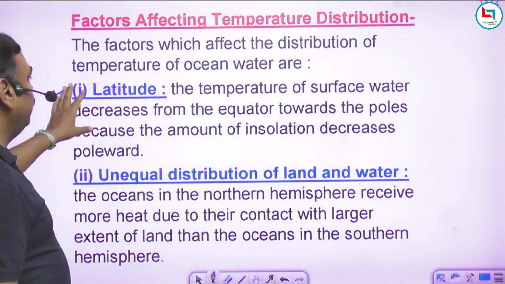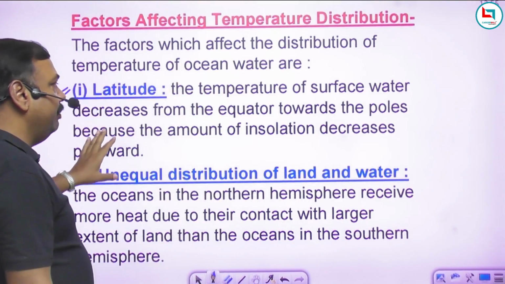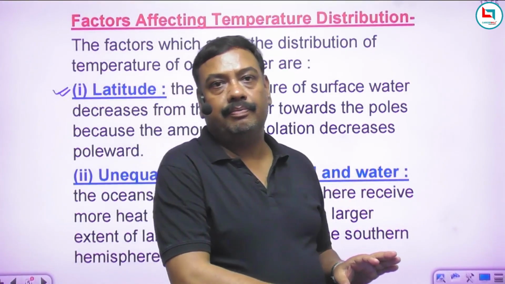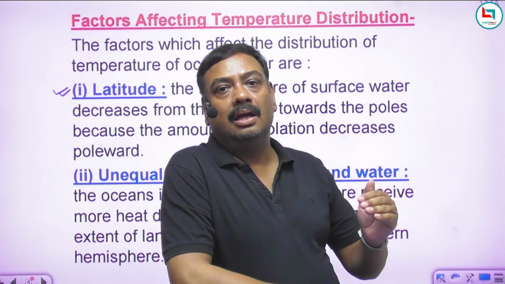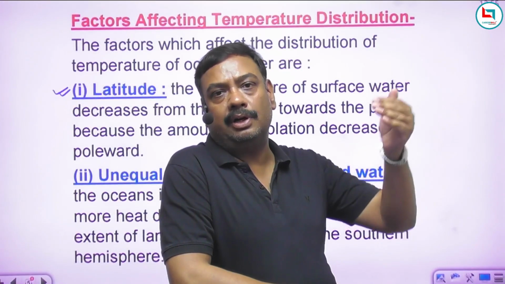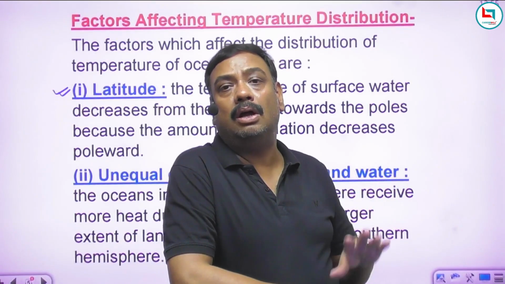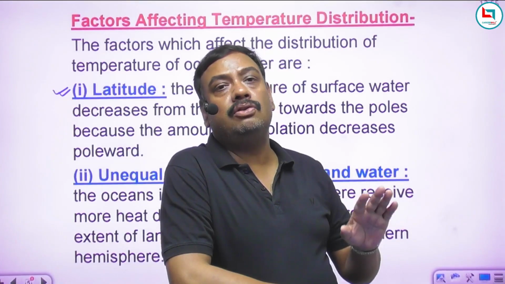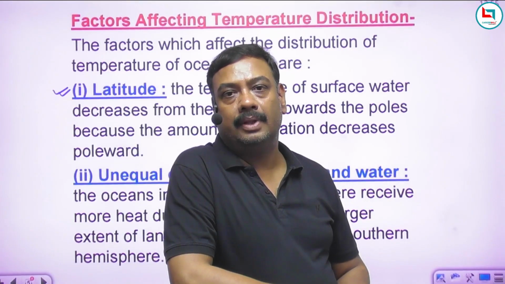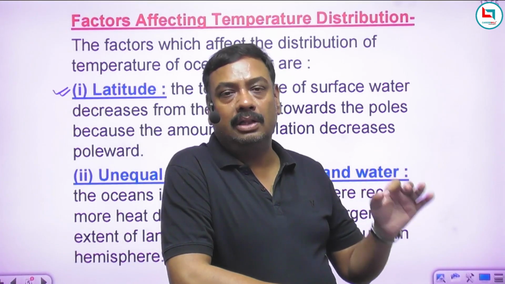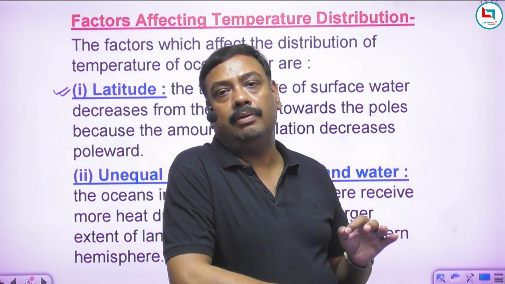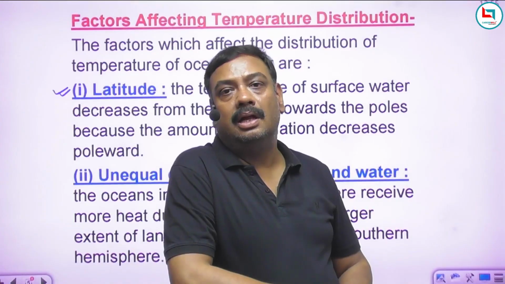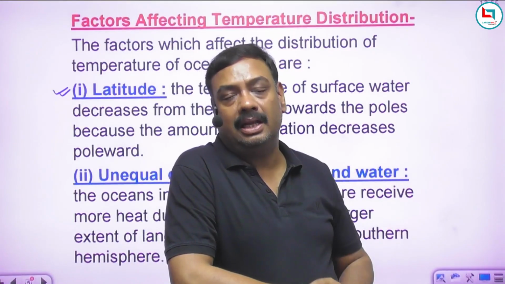So when we talk about latitude, it is very obvious that, as on the land, we have seen that on average temperature is getting decreased from the equator towards the poles. It also happens on the ocean water. Ocean water is not an exception in that manner. Likewise the land, on the ocean water you can also find that from the equator towards the poles, the temperature is getting decreased, right?